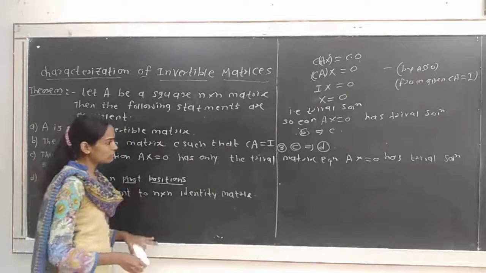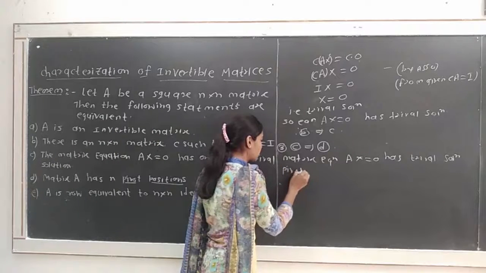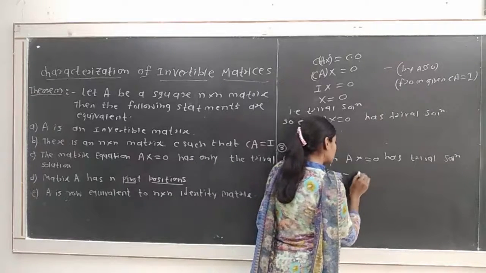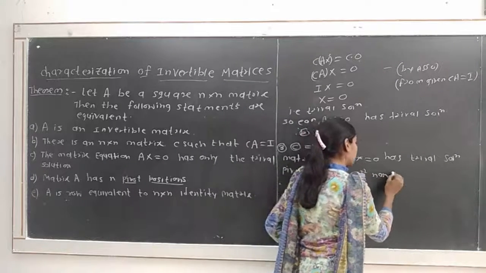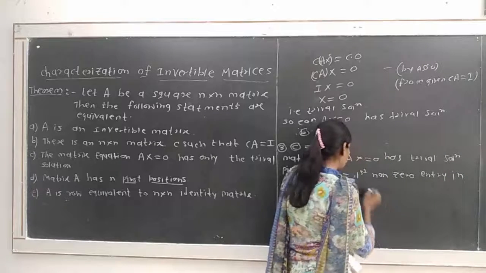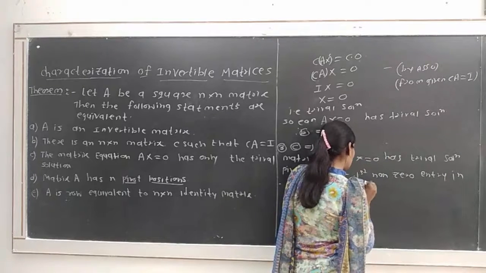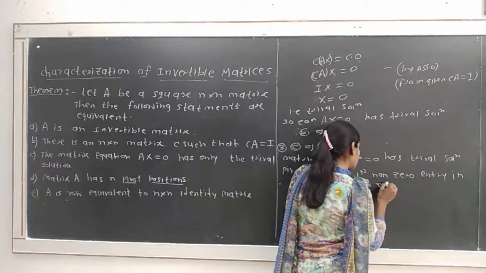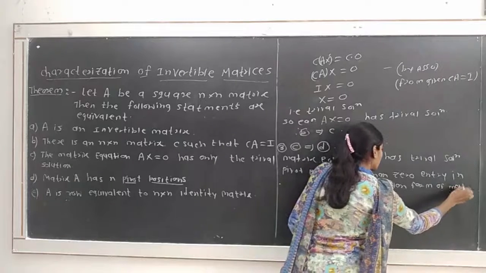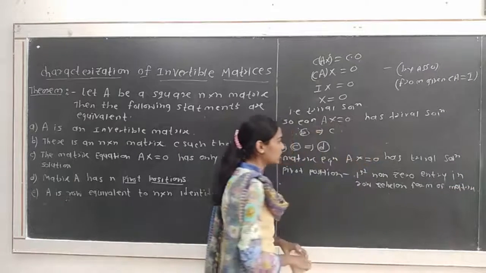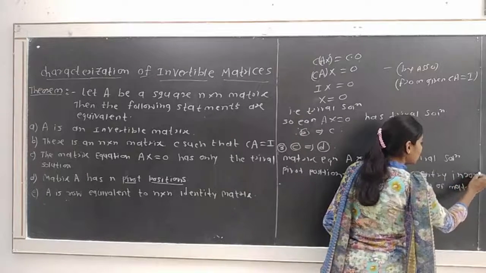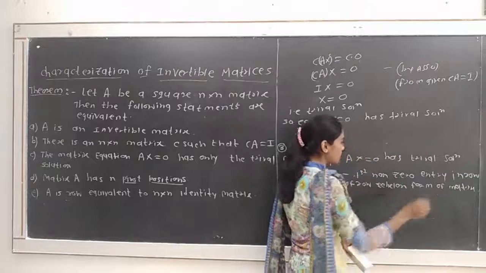Pivot position means the first non-zero entry in the row echelon form of a matrix.